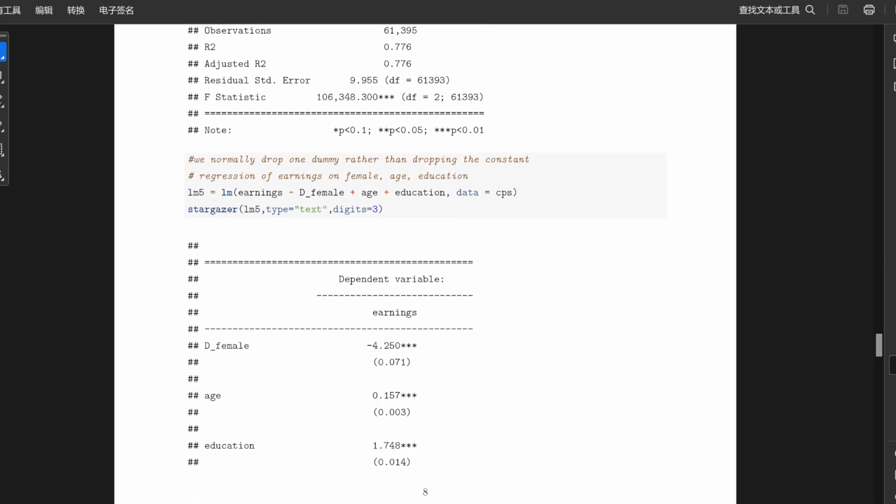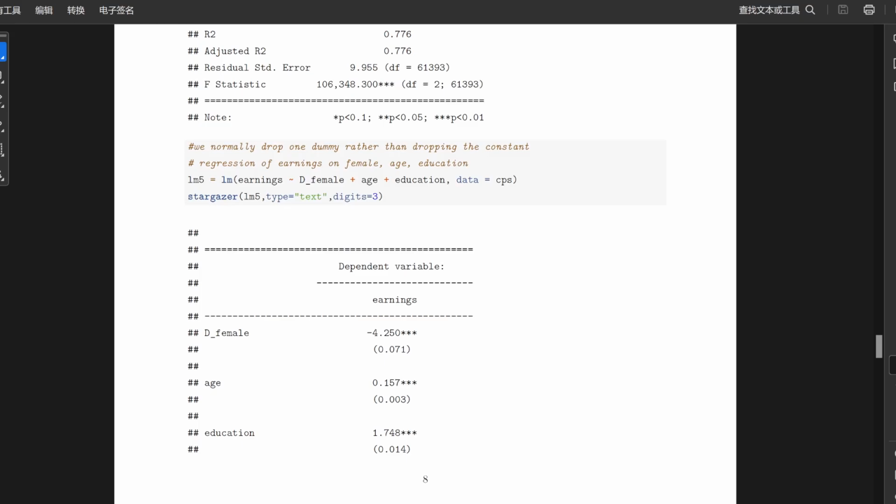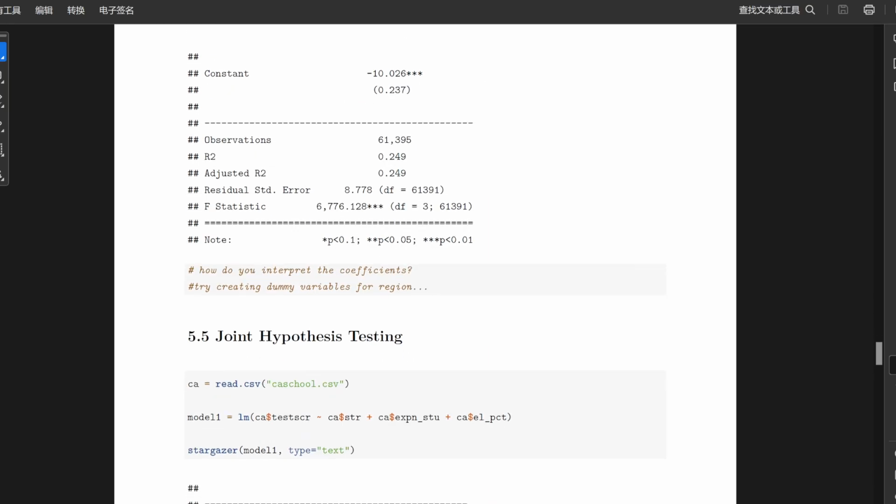And then you can add other control variables like age, education, everything here. After controlling for age and education, on average, females will earn about 4.25 less than men will earn.